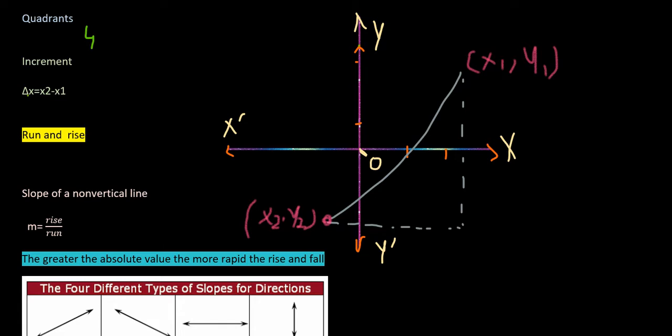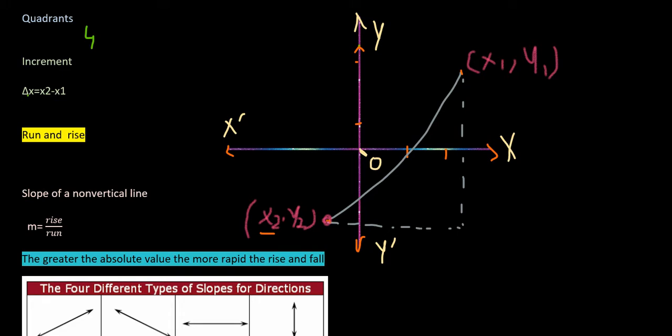So how can we say that this is an increment and this is a decrement? Increment means delta x is equal to x2 minus x1. You can see that it is our x2 and here lies our x1.